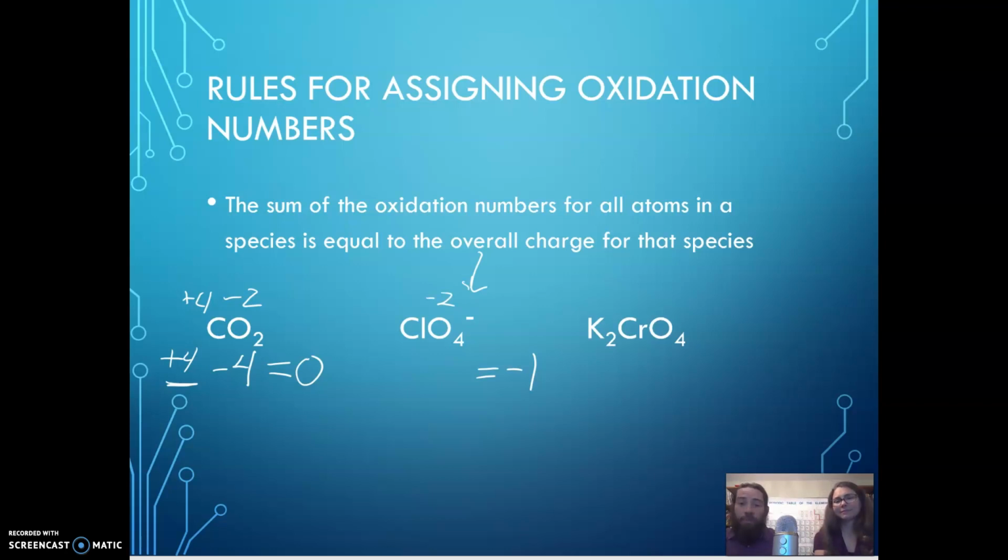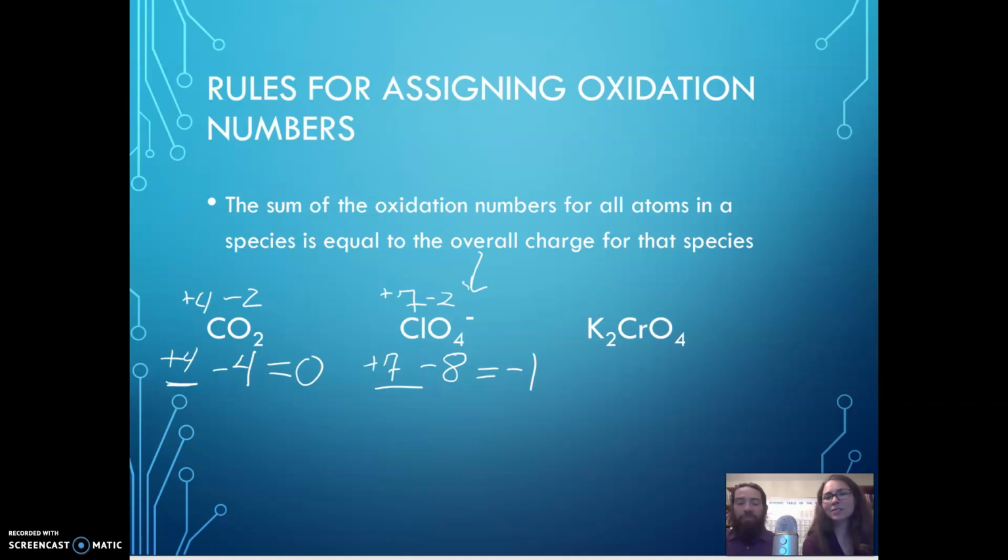So the oxygen is going to be -2, and I have 4 of those. So my net charge from the oxygen is -8. So I just have to do some math here. What -8 equals -1? That's a +7. So my chlorine has an oxidation number of +7. Just like in our rule where we said the halogens are almost always a -1, except when they're with oxygens. And that's a good example.